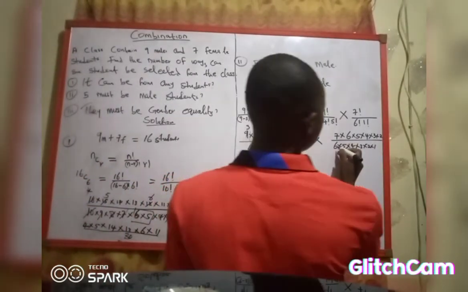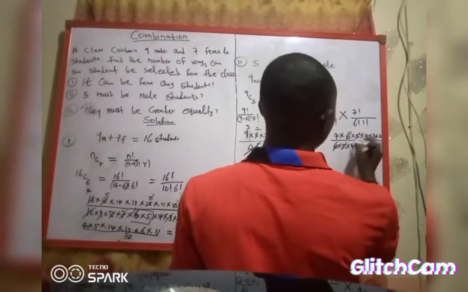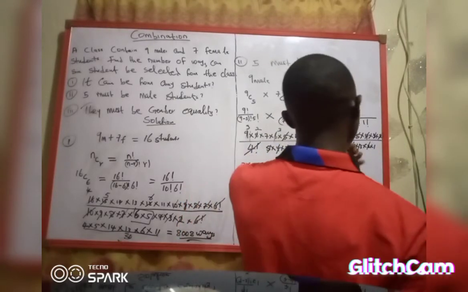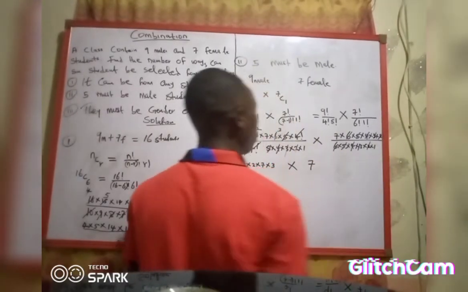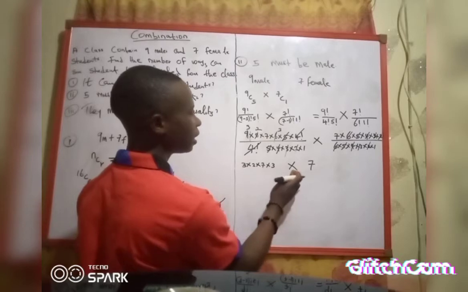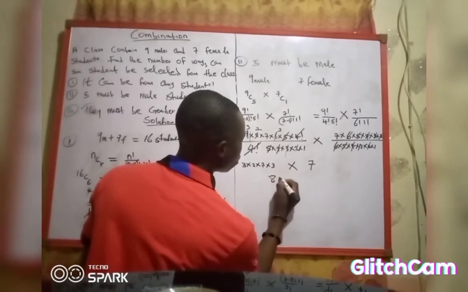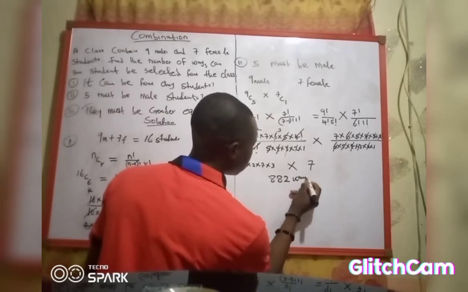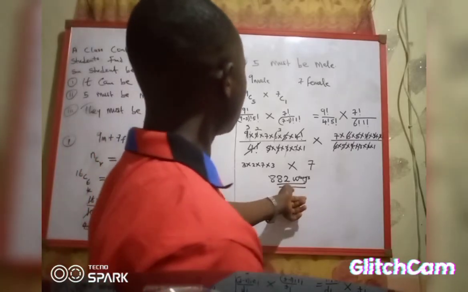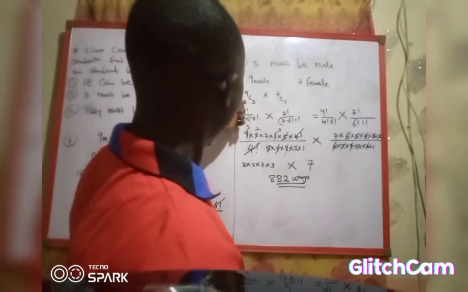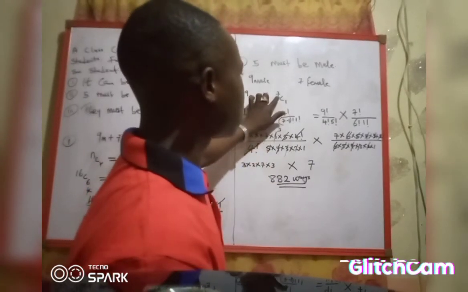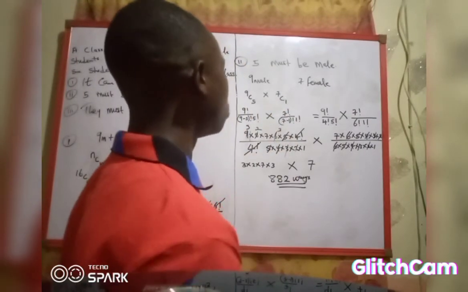So from here now, 6 can go with the 6, 7 can go with this 7, 3 can cancel 3, 2 can cancel 2, and it will remain 7 here. 7 divided by 1 is still 7. So 3 times 2 times 7 times 3 times 7, I will have 882 ways. So we have 882 ways of selecting 5 students from 9 male students and 1 student from 7 female students.